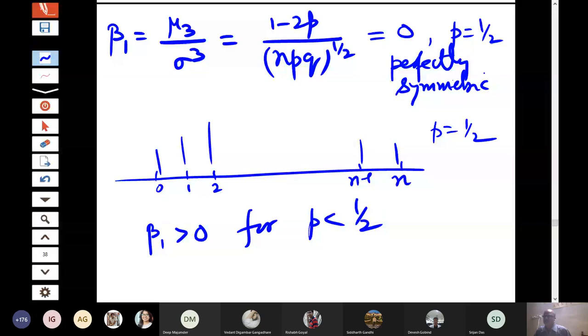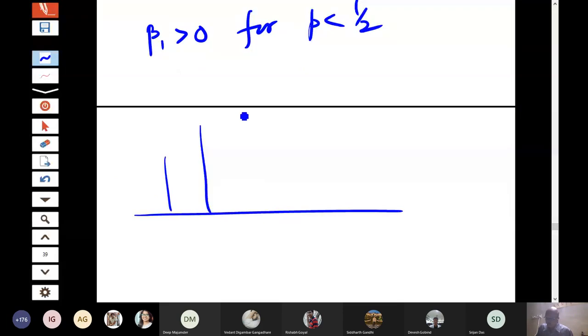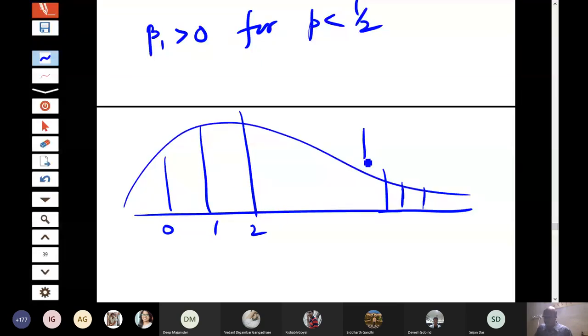So if p is less than half, q will become greater than half. That means the chances of more number of failures is higher. Okay. That means the values in the beginning will become slightly higher compared to the values on the right side. This side the values will be smaller. Okay. So it will become positively skewed.